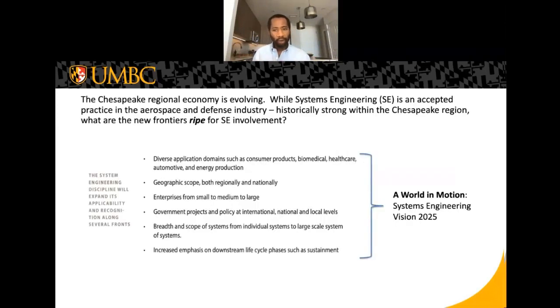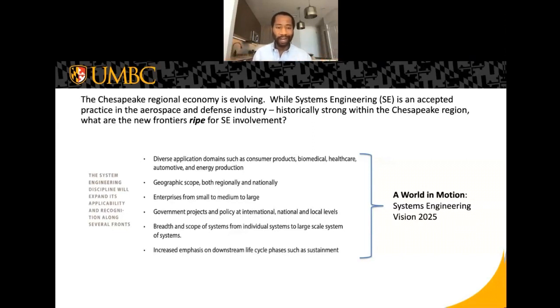Not only is having a greater understanding of these emerging regional frontiers a benefit for us at UMBC, specifically from a programmatic development and responsiveness perspective, but this exercise really aligns with the Systems Engineering Vision 2025, A World in Motion, our favorite document.